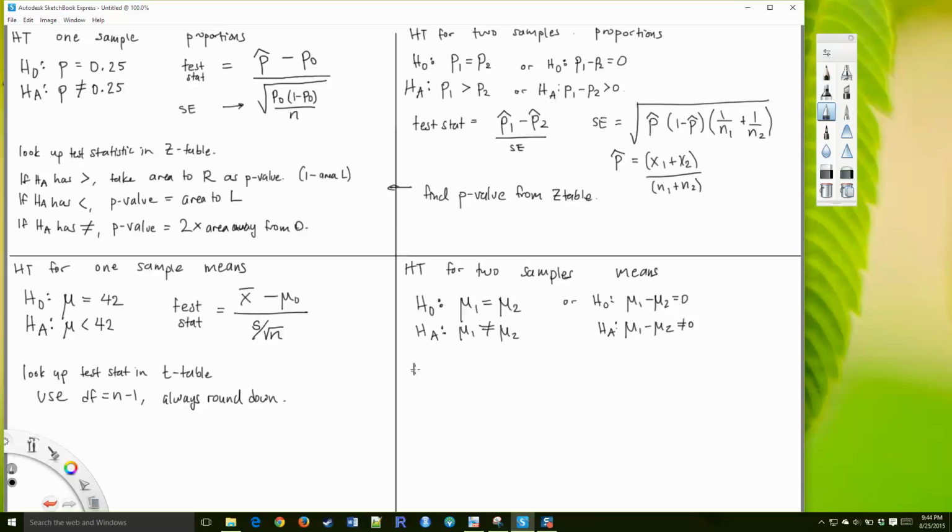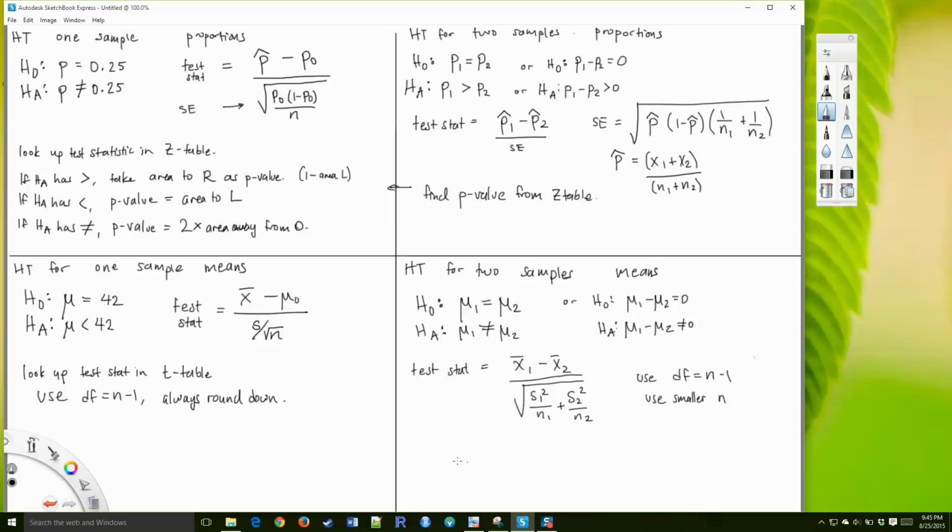Your test statistic is going to be x bar 1 minus x bar 2 divided by the standard error, which is the square root of s1 squared over n1 plus s2 squared over n2. And again you use degrees of freedom equal to n minus 1, and use the smaller n. You've got two n's, use the smaller one.